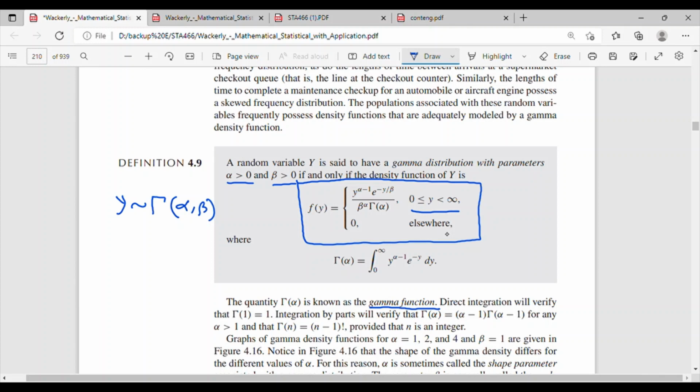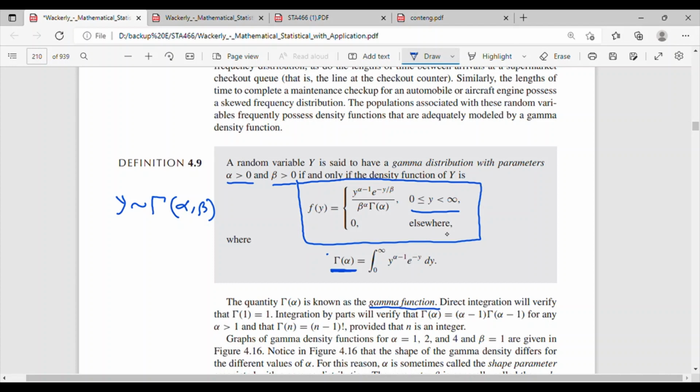We can also write the gamma function as the integral of y to the power of alpha minus 1 multiplied by e to the power of negative y, integrated with respect to y from 0 to infinity. This is called the gamma function.